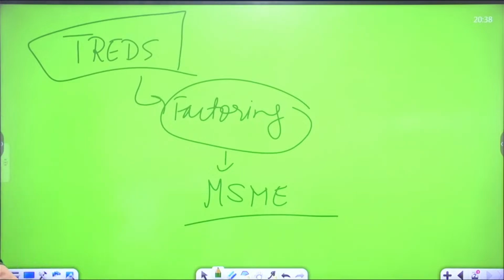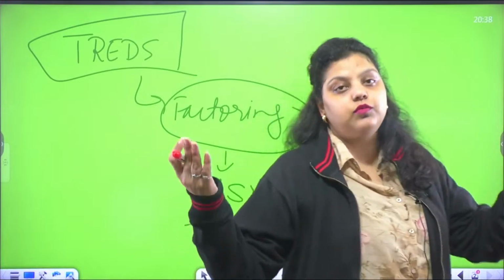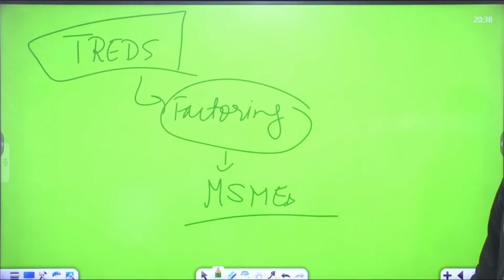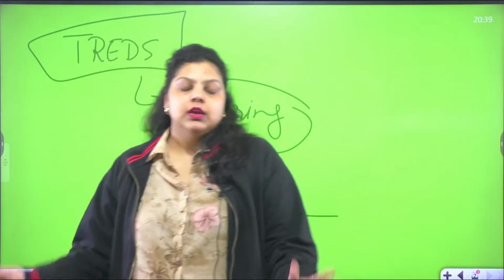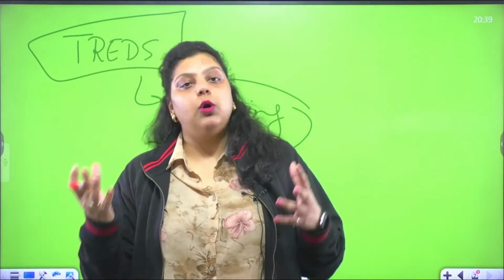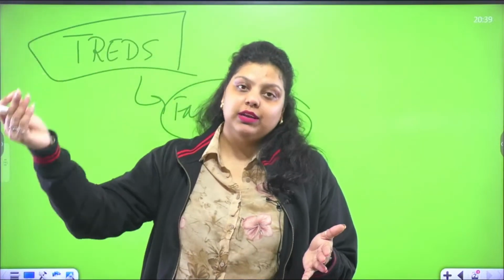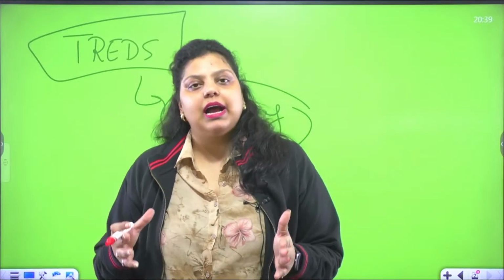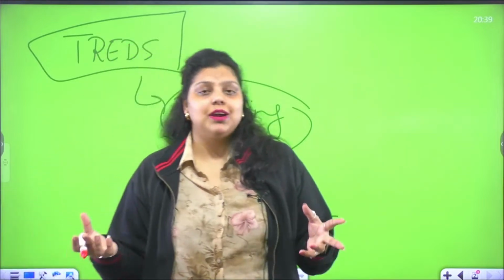In factoring, forfeiting and TReDS, what we are actually doing is providing immediate cash to the seller, the exporter or the MSME so that they can continue their business, start a new contract or new agreement, and have proper cash flow available.